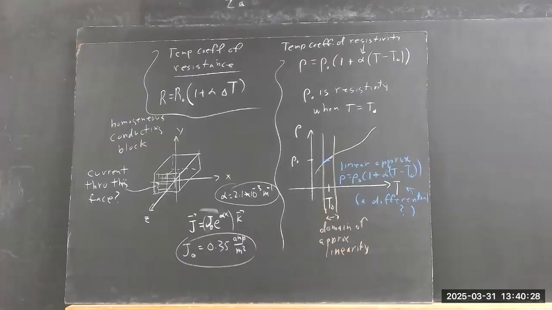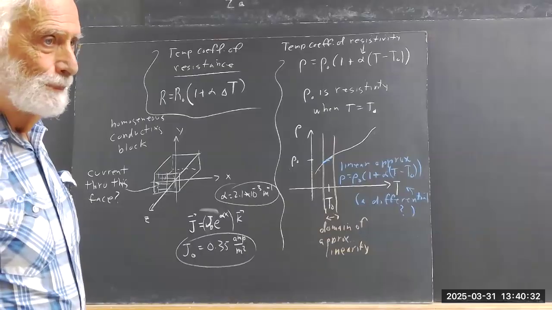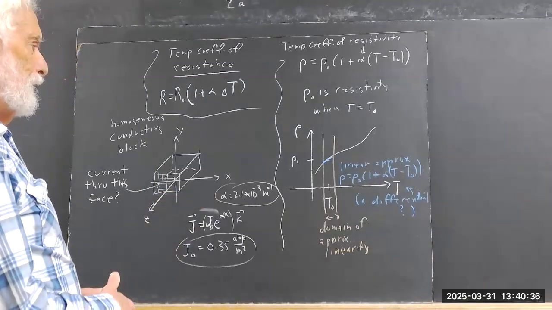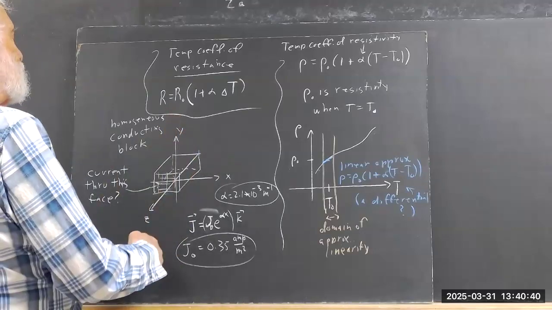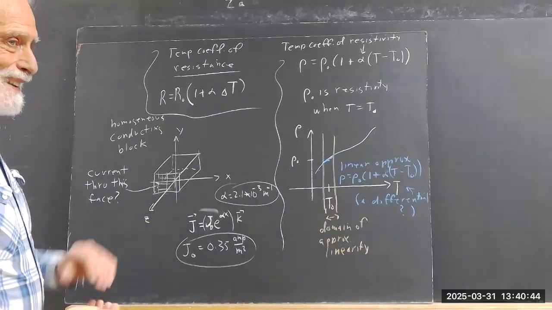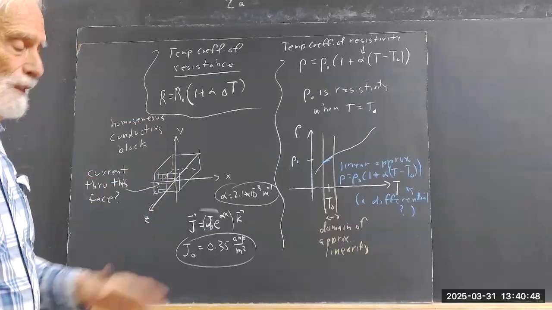It confused me when I first looked at the problem because I'm used to the z-axis doing this. I was asking myself, how in the world does a current density in this direction give you a current through this face? The current density in this direction will give you a current through the top or the bottom.